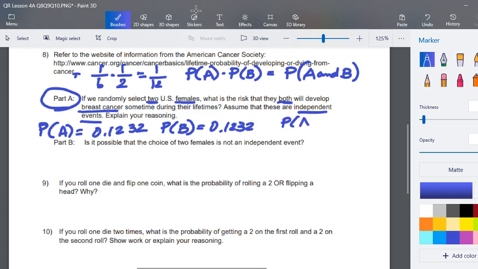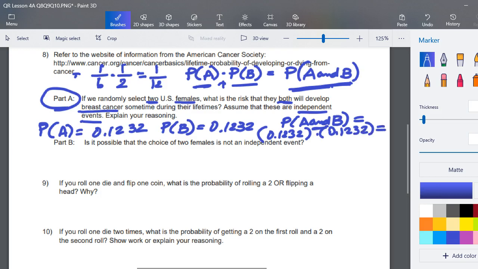The question is, what's the probability that female 1 and female 2 will both develop breast cancer sometime in their lifetime? And so up here, to calculate the probability of A and B, you take the probability of the first one and multiply it times the probability of the second one. So the probability of event A happening is this, and we're going to multiply it times the probability of event B, which is the same in this case, happening.